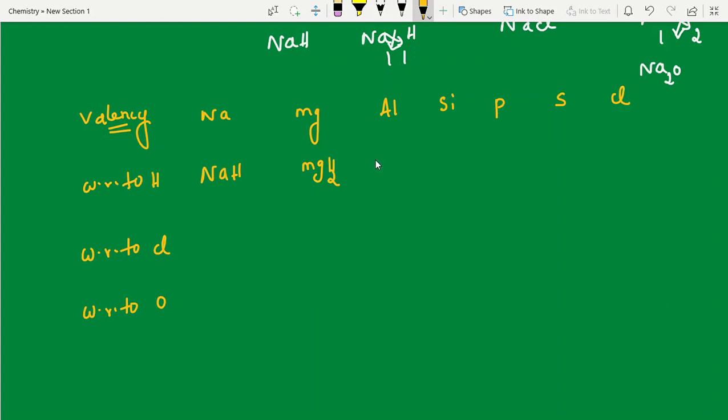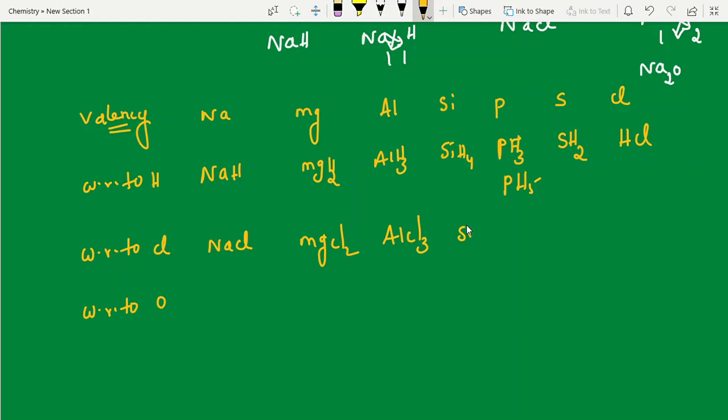So I will show AlH3, SiH4. This is what? PH3, PH5, both are possible. Next H2S, and this is HCl. Try this with chlorine: sodium chloride, magnesium chloride, aluminum chloride, silicon chloride, PCl5, PCl3 also there. Next SCl2, and this is Cl2.